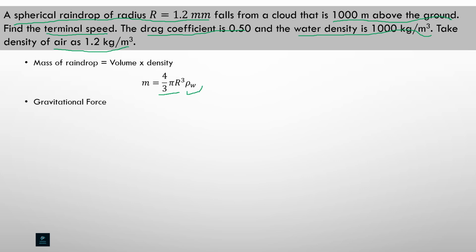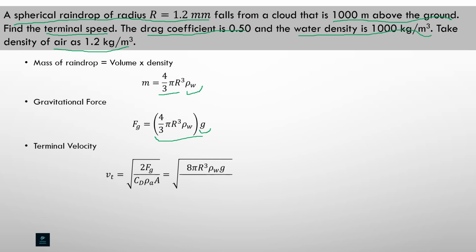The gravitational force acting on the raindrop will then be equal to mass times free fall acceleration, and then the terminal velocity will be equal to v equal to square root of 2F_g divided by C_D rho_a, which is the density of the air, times the cross-sectional area of the raindrop, which is equal to pi r square.